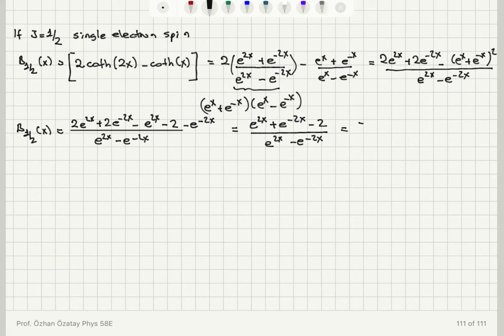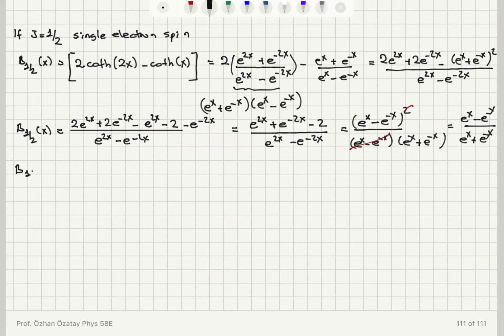You can realize that the top is basically the square of e to the x minus e to the minus x. So this is e to the x minus e to the minus x and e to the x plus e to the minus x, and so this will get rid of this one, and you will obtain e to the x minus e to the minus x divided by e to the x plus e to the minus x.